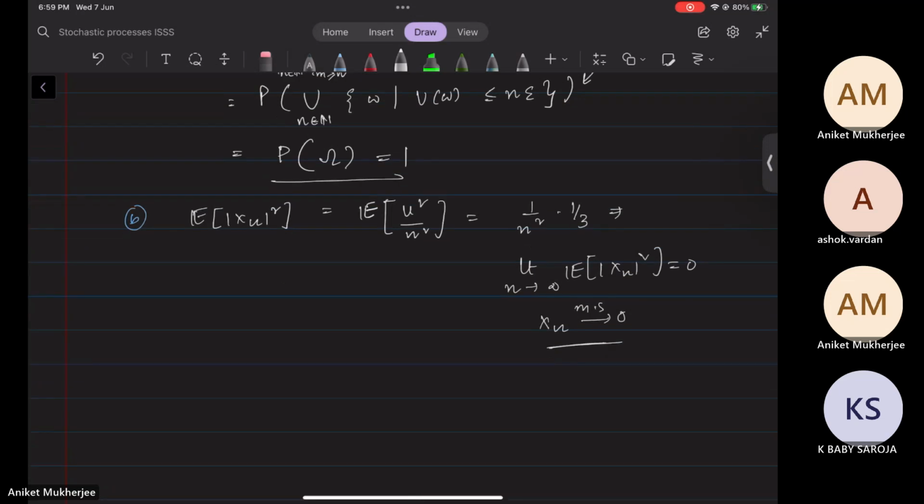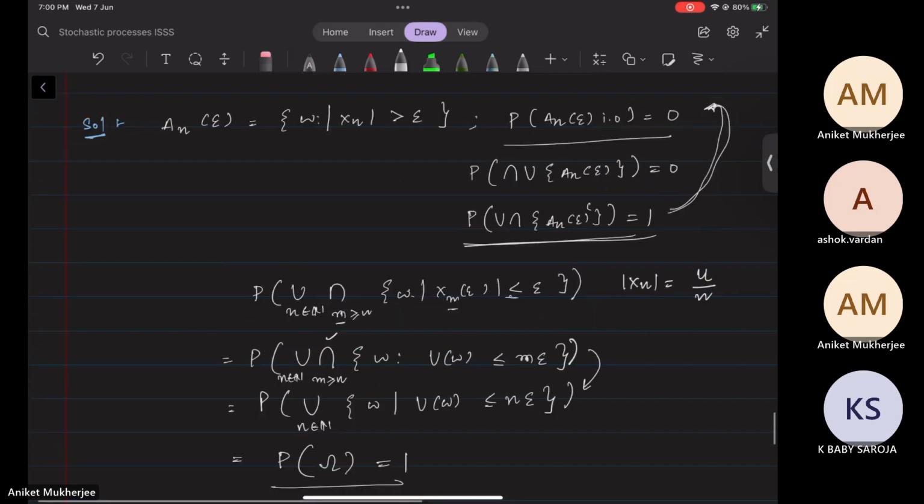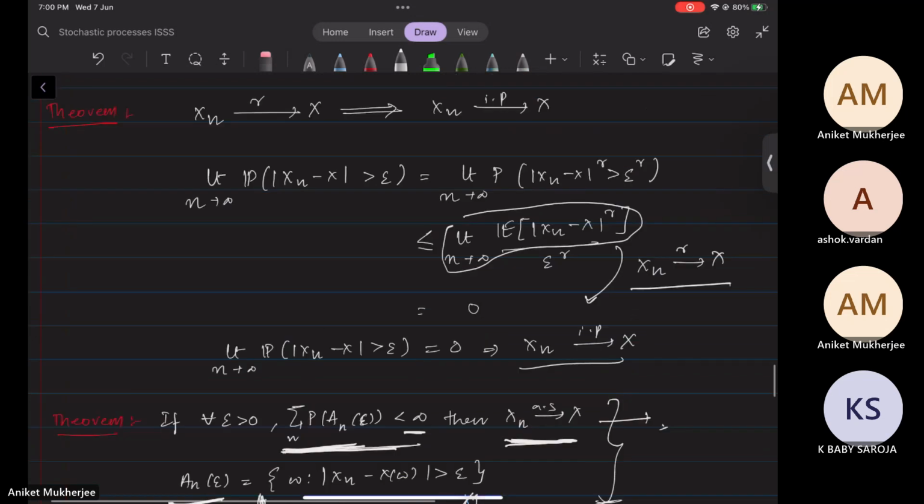So this is also clear. Yeah, this is about convergence. I have half an hour more left.